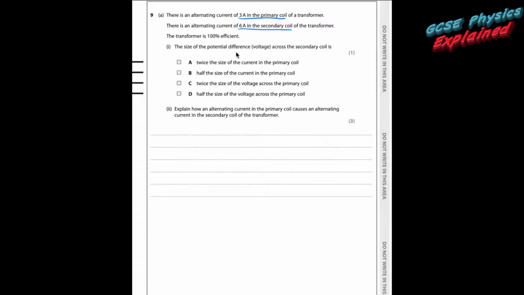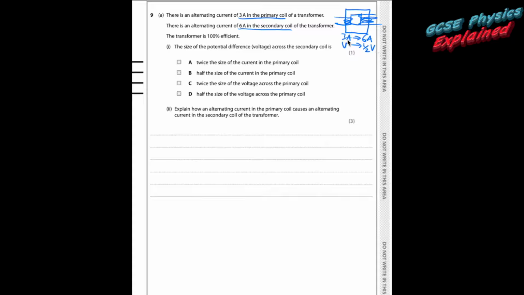The size of the potential difference across the secondary coil is... Right, there's the primary coil, there's the secondary coil. The current was 3 and it's gone to 6. So if the current has doubled, that means the voltage will have halved.